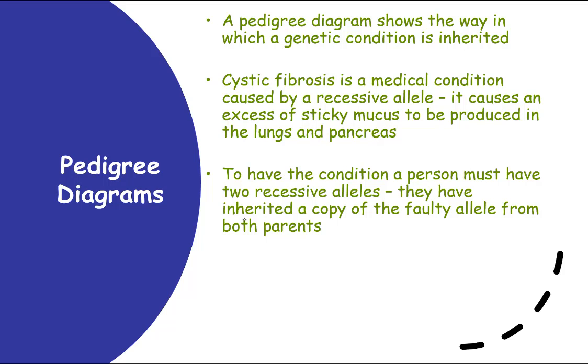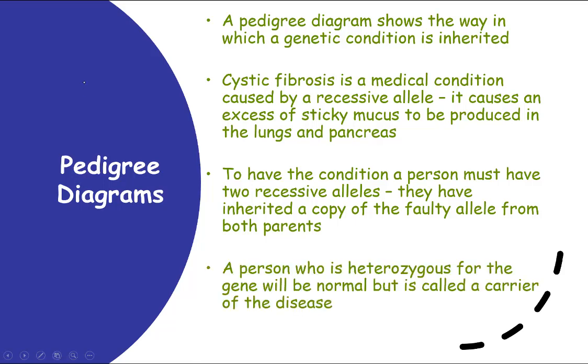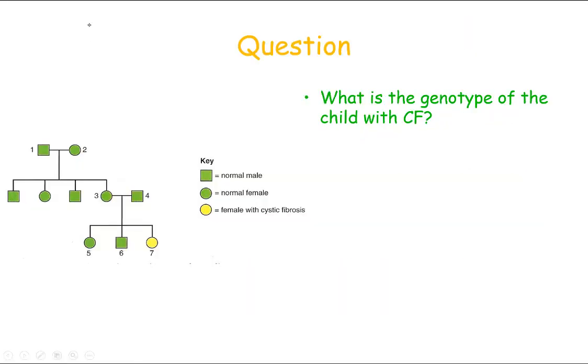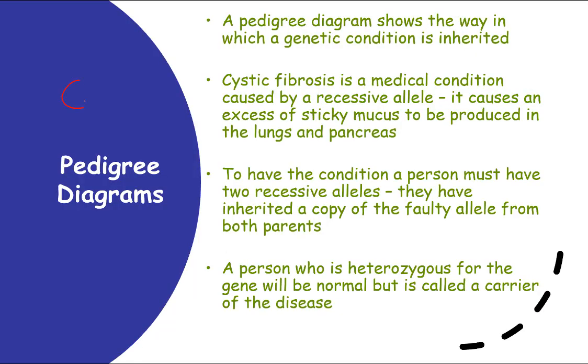So, in our examples here, we're going to use a big C to show normal and a little c to show cystic fibrosis.